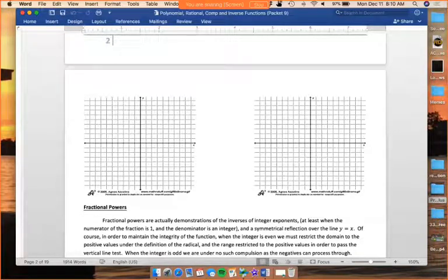So if we start with y equals x squared, we know that we have a parabola with a vertex at the origin. If we have a power function that has a positive exponent, it's always going to include the origin.